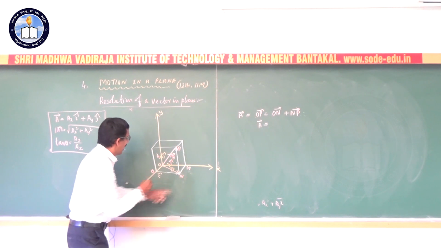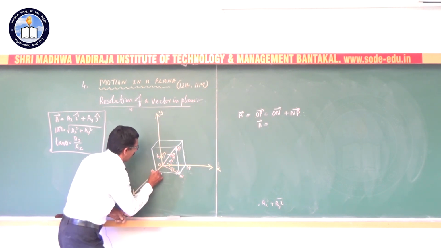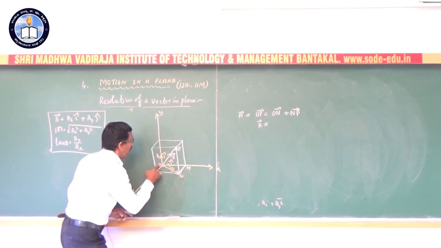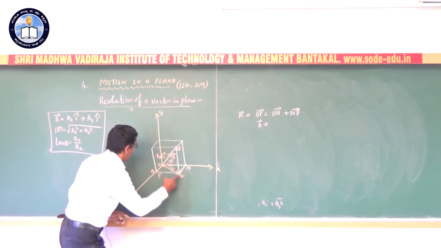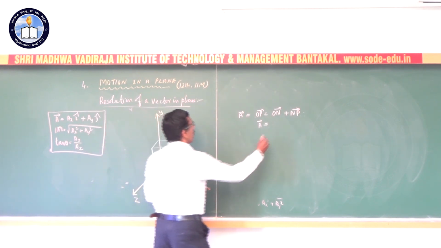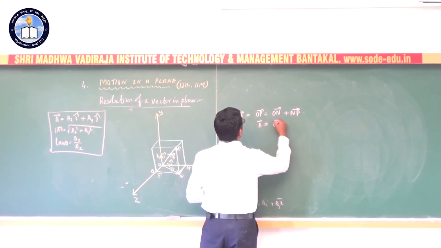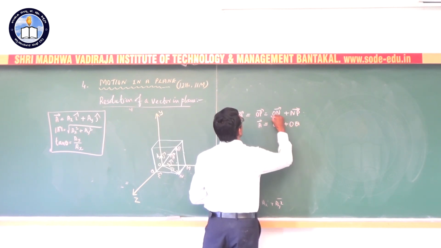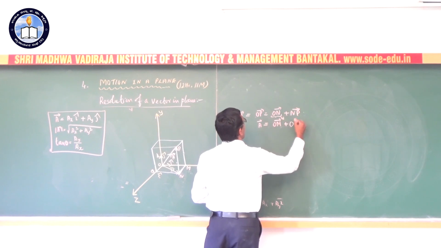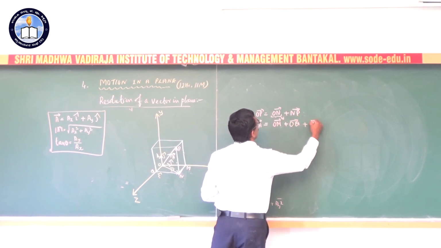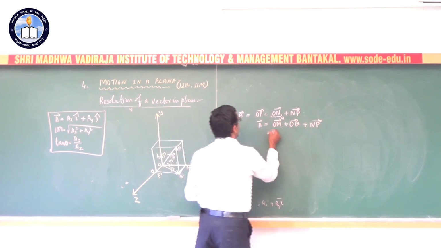ON, once again just you see the parallelogram law here. This is a parallelogram OM, N, Q. So, ON can be written as OM plus OQ. This OP can be written as ON plus NP, that is OM plus OQ plus NP. Just you tell me what is OM?